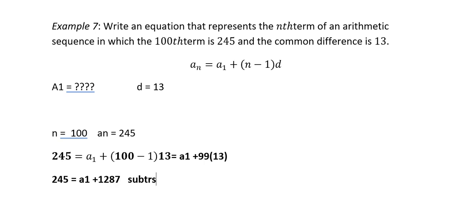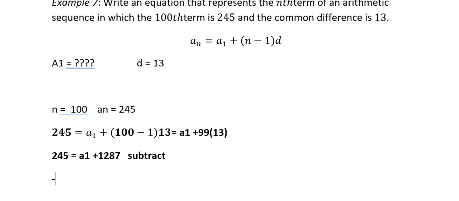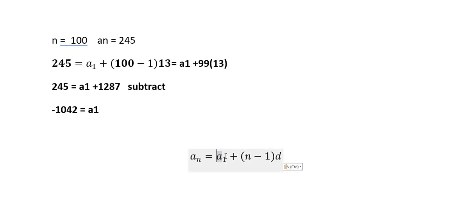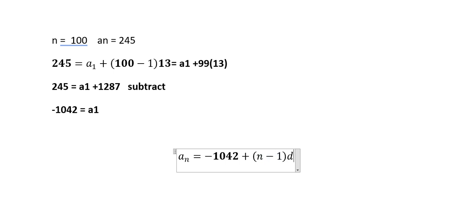We'll have to subtract, and we'll get that negative 1042 equals a sub 1. So that will come up here. Now we do know this is negative 1042. And we can take that information to write our equation a sub n, because we know that a sub 1 from above is negative 1042 and d is 13.